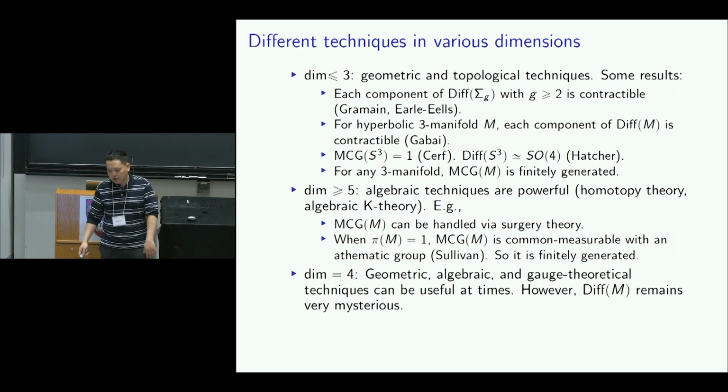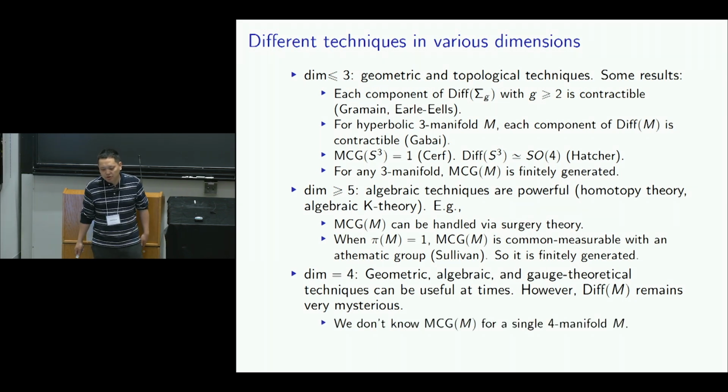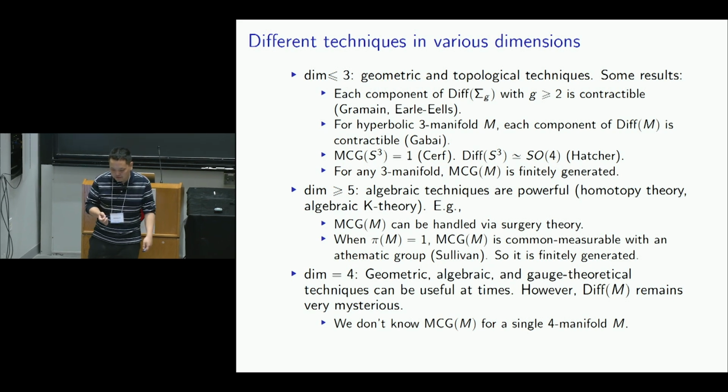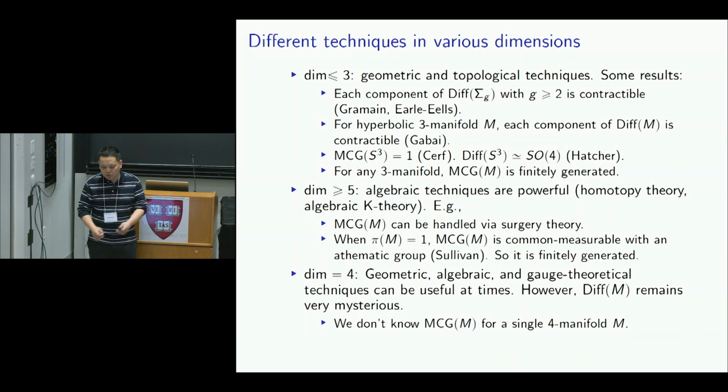However, this diffeomorphism group remains very, very mysterious. For example, some very basic question: we don't have a complete description of the mapping class group of a single four-manifold M. Here, let's say M is compact. We don't have, for any single four-manifold, a complete description of this smooth mapping class group.